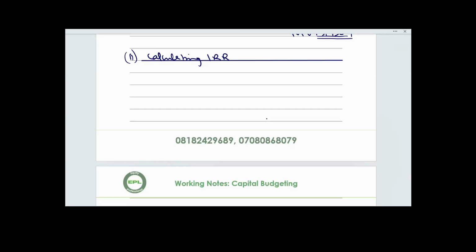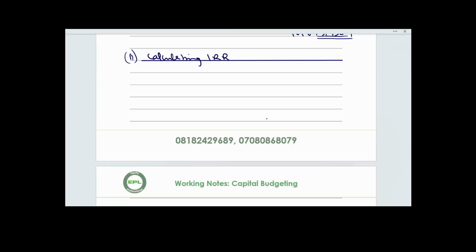And I told you that whenever you want to calculate internal rate of return, you are going to carry out 3 steps. Step 1, assume 2 discount rates that will produce 2 opposing NPVs. One discount rate will give you a positive NPV, another a negative NPV. Step 2, calculate internal rate of return using the IRR formula.